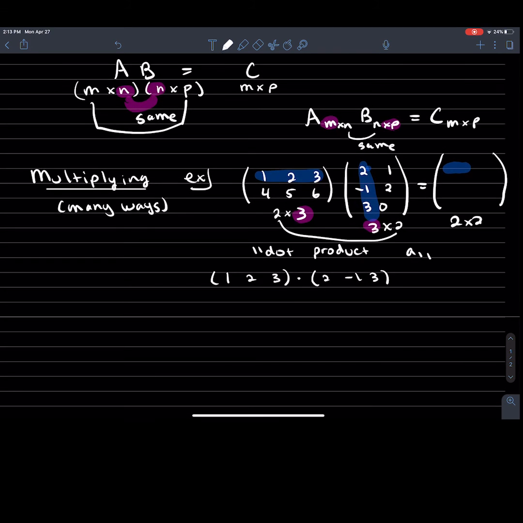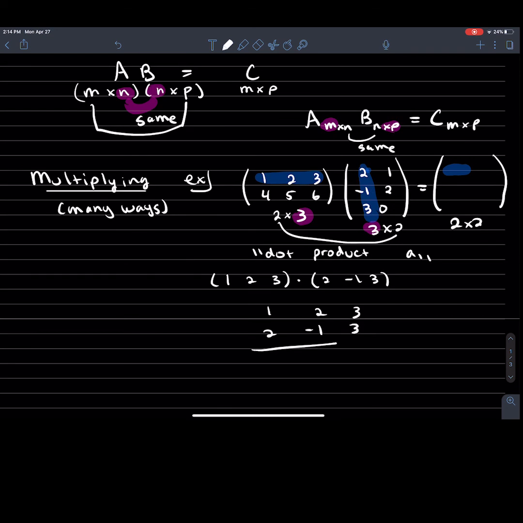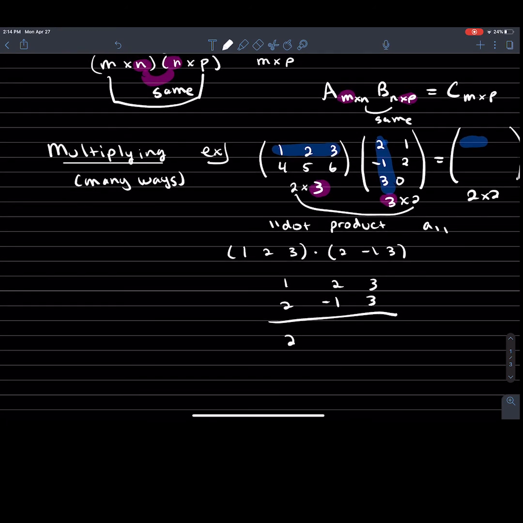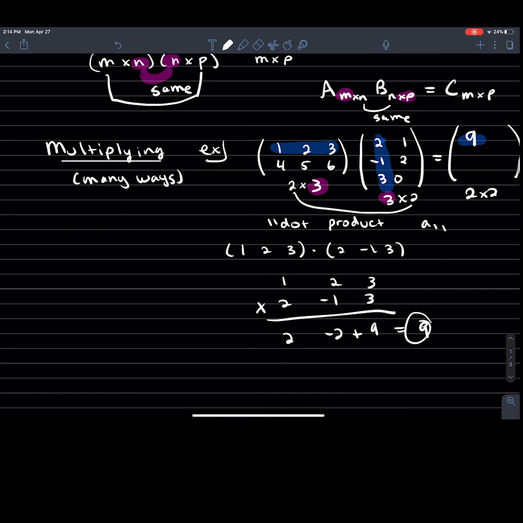And to do that, it's 1 times 2 is 2, 2 times minus 1 is minus 2, 3 times 3 is 9. So I'm just multiplying down, and then I add them up. And I get 9. So 9 goes there.